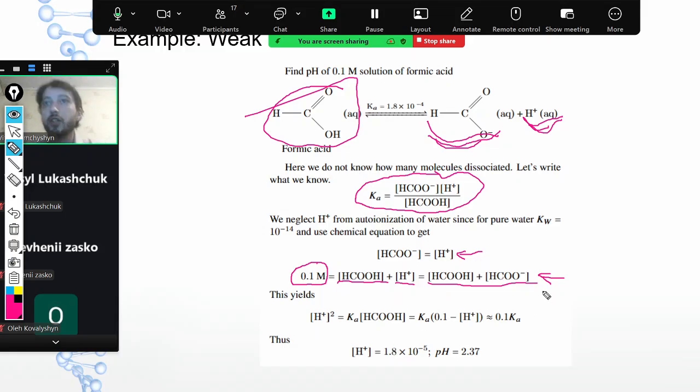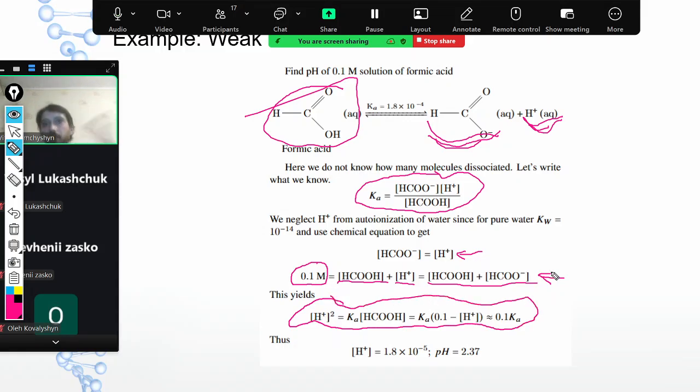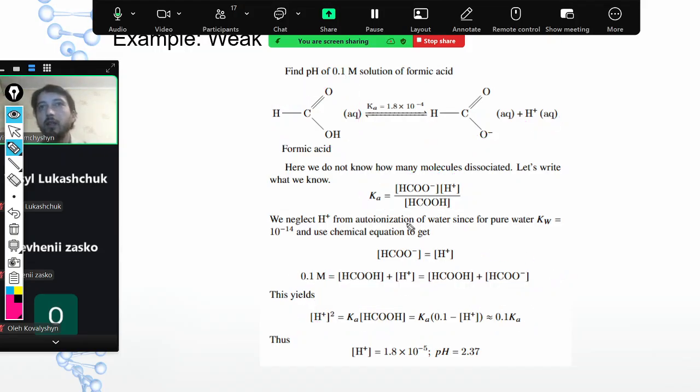Okay, if there are no questions, I suppose you understand this part. So now these things get easy. So we have this equation, we have this equation, we have this equation. So we can write down this sort of equation. I have basically done nothing special. I have transferred this thing to this part. So now I have Ka times the concentration of the undissociated part.